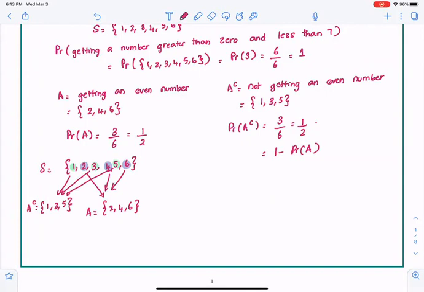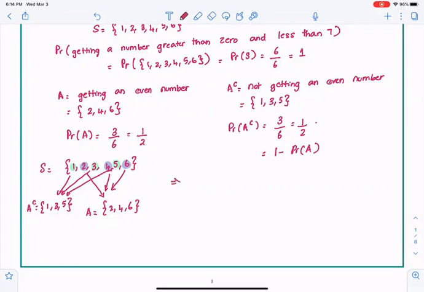So if A complement is everything that is not A, we can see from the sample space, if I put them together, I get the entire sample space back. So 1, 3, 5 is A complement, 2, 4, 6 is A. If I put them all together, I get 1, 2, 3, 4, 5, 6.